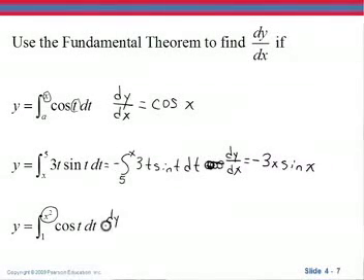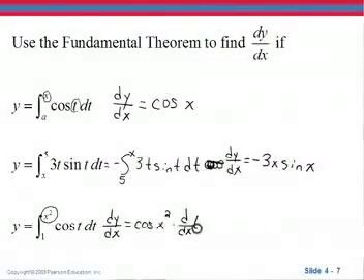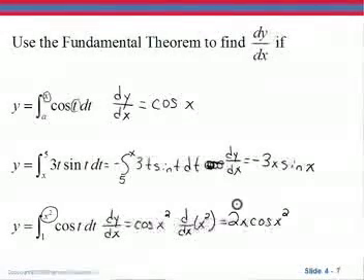When I do dy dx here, I take the x squared and plug it in for cosine, so I will have cosine of x squared, but I'll have to multiply by the derivative of x squared since it's a composite. Anytime this is not just x, we will have to use the chain rule. The derivative of x squared is 2x, and I'm going to put it in front, so that's 2x cosine of x squared.